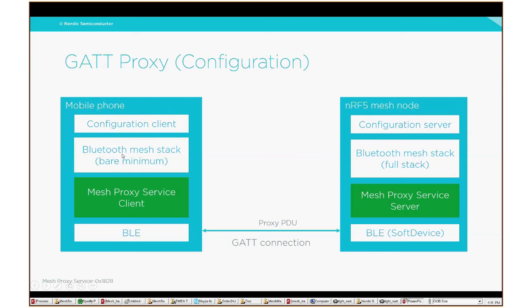It could be the minimum or the full mesh stack, and then via the proxy service it goes to the configuration server on the mesh node. So in this setup, to do configuration, you need to implement a mesh stack here to receive and process mesh packets from the proxy service up to the configuration client. So there's a difference between configuration and provisioning.